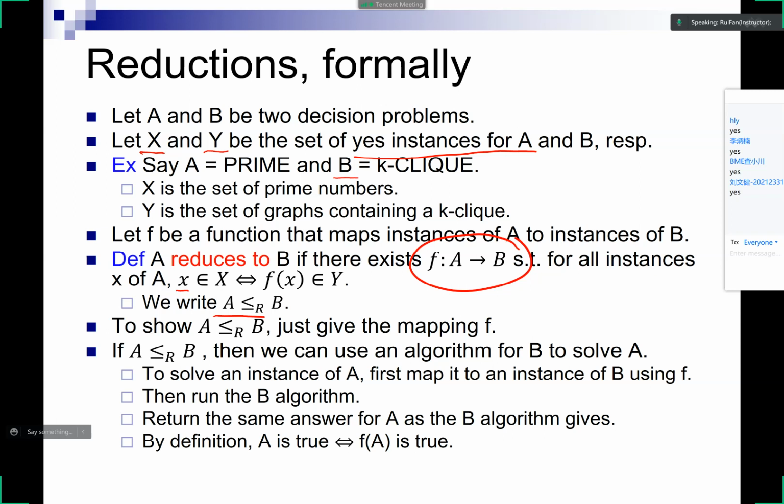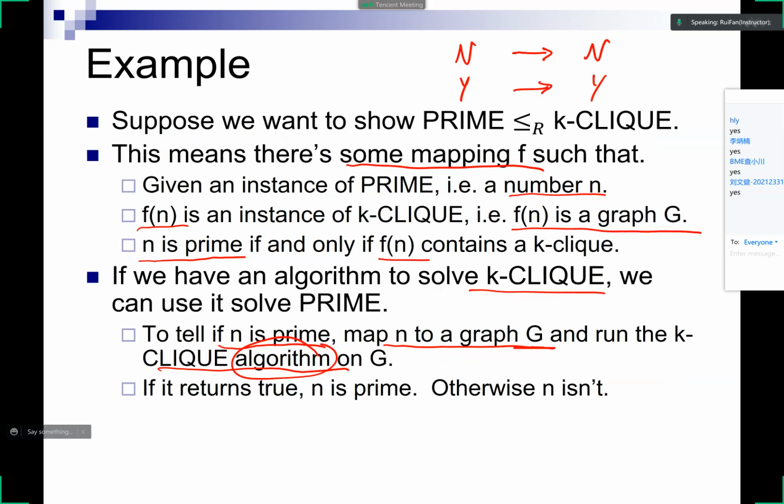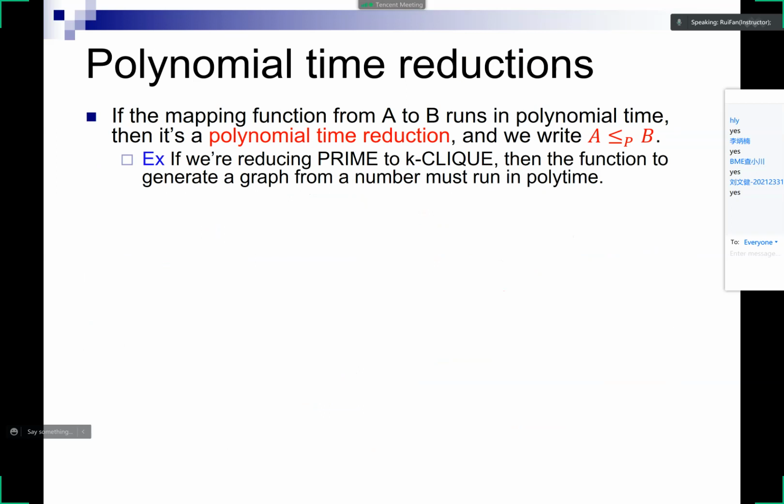However, when we want to study this P versus NP problem, we actually don't want f to be very hard to compute. We want f to be efficiently computable. This is why we're going to study polynomial time reductions. In this case, this mapping f from A to B has to run in polynomial time.